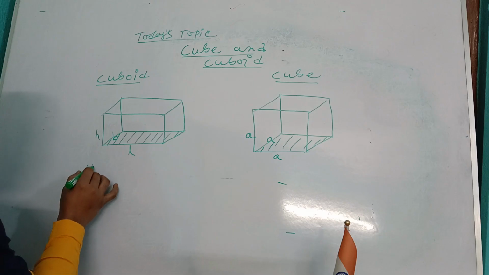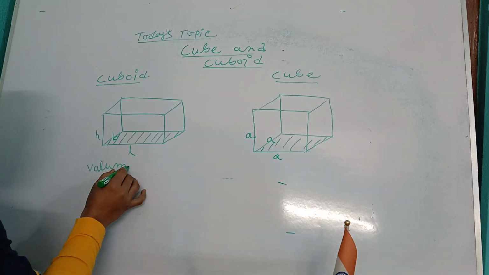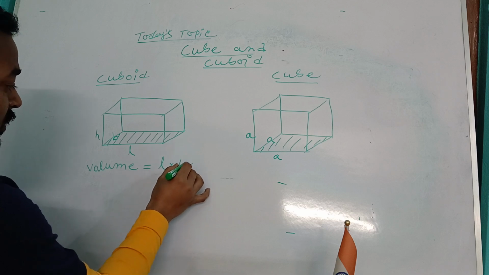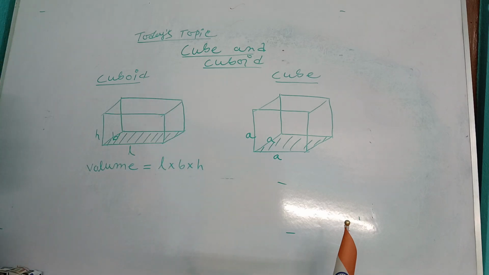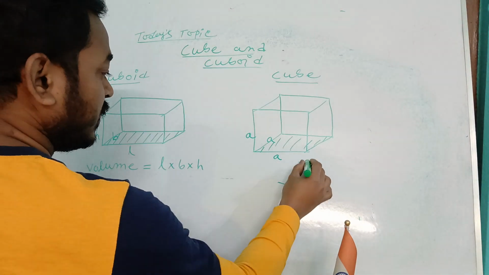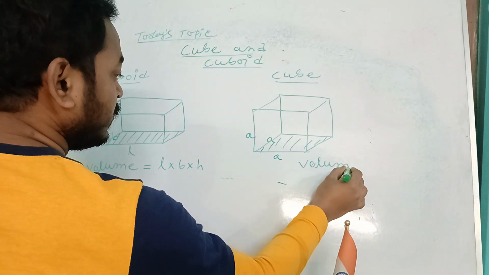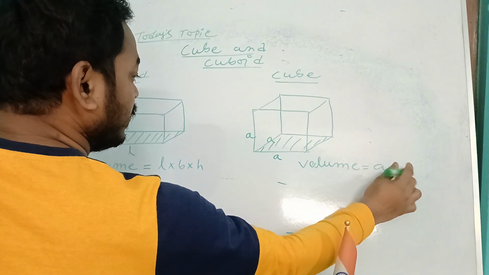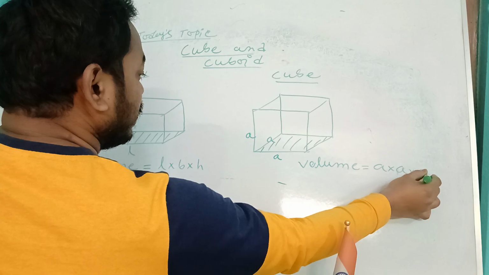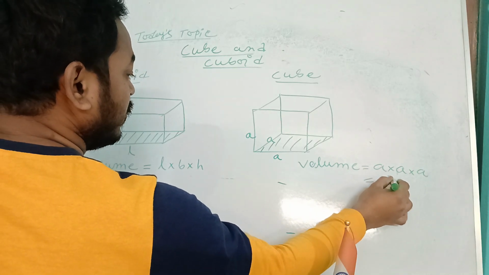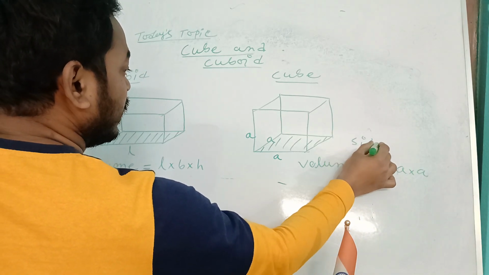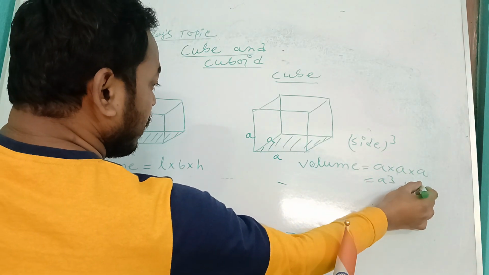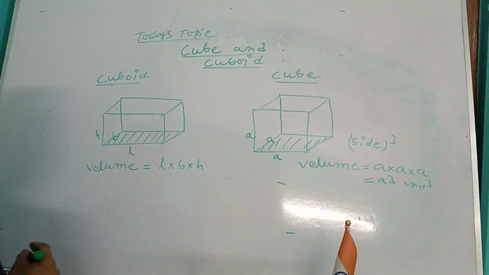So if I write here, volume is length into breadth into height, L into B into H. Then here, volume is length A, breadth also A, and height also A. So we are getting A cube, which is nothing but side cube, and the unit is cubic unit.